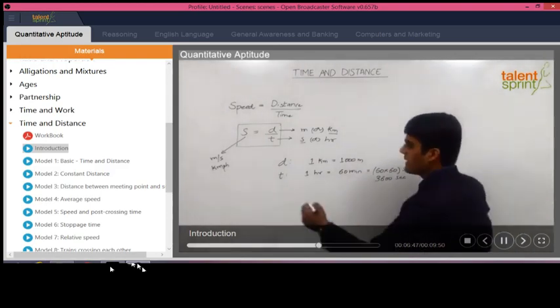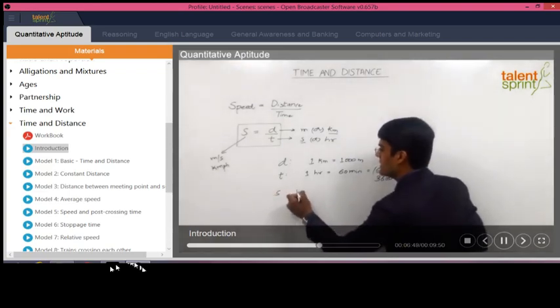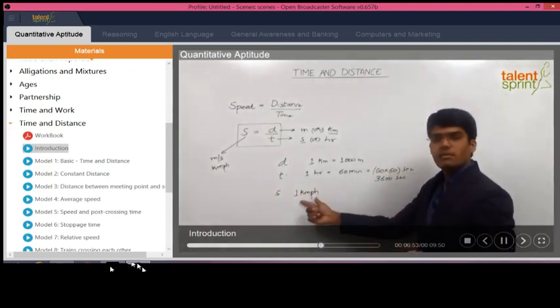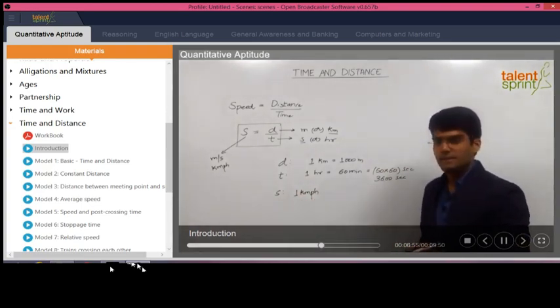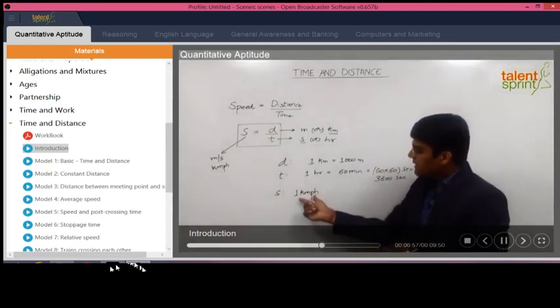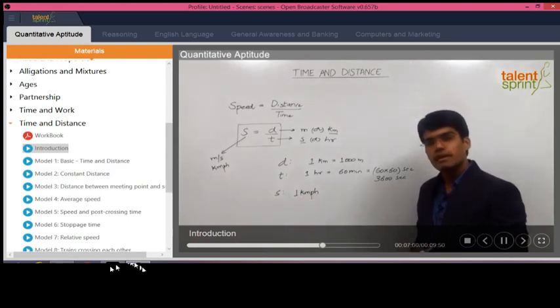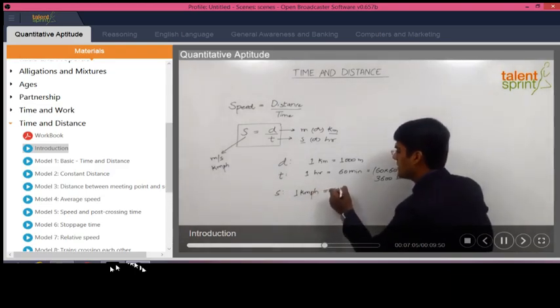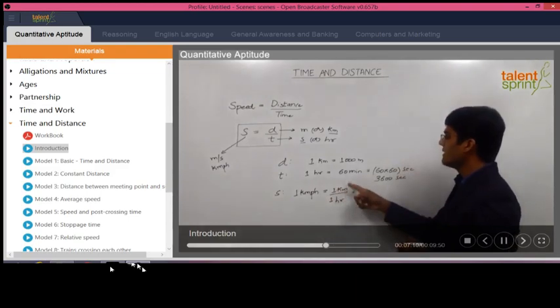Let us now look at how to convert the speed from one unit of measurement to the other. For example, let us assume the given speed is 1 kilometer per hour. Let's understand 1 kilometer per hour will be how many meters per second. Now, as you can understand here, 1 kilometer per hour indicates that the body can travel a length of 1 kilometer in 1 hour. Now we know that 1 kilometer is 1000 meters.